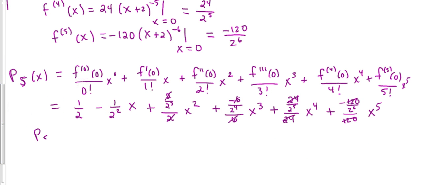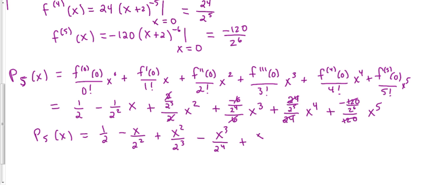So to clean this up a little bit, my fifth order Taylor polynomial is going to be 1/2 minus x over 2 squared plus x squared over 2 cubed minus x cubed over 2 to the 4th plus x to the 4th over 2 to the 5th minus x to the 5th over 2 to the 6th.